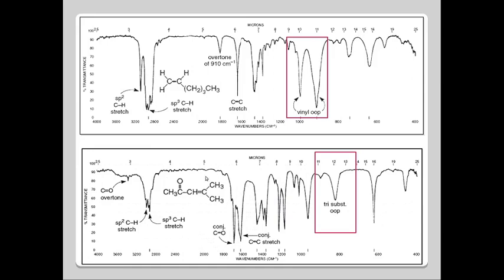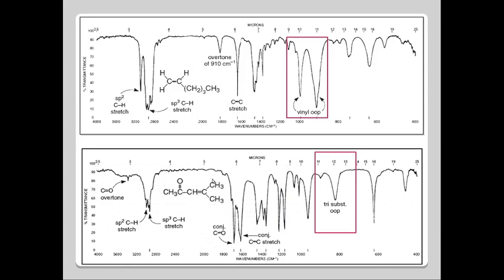Then since we have a carbonyl system here, we have the carbonyl stretching vibration as a doublet, and you see two different frequencies here due to Fermi resonance due to the vibration right here. Okay, and the vibration right here is due to the out of plane bending vibration of the trisubstituted system here on the vinylic carbon system here.